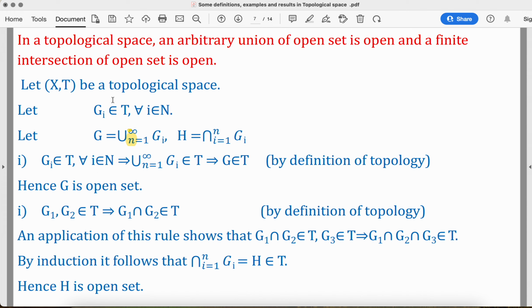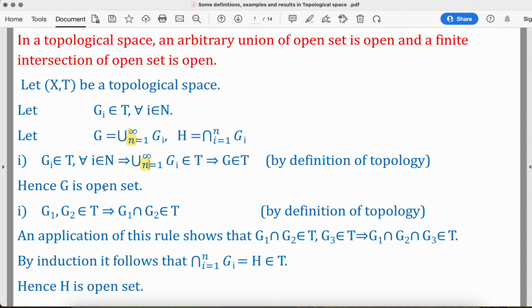Because Gi belongs to T for all i belonging to N, it must belong to their union. So it implies the union of i equal to 1 to infinity, Gi belongs to T. Because the union belongs to T, and we have denoted it by G, it means G belongs to T by the definition of a topology.